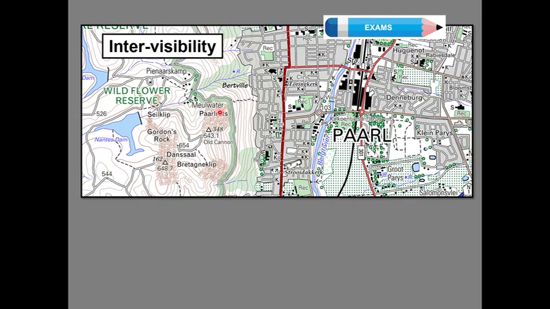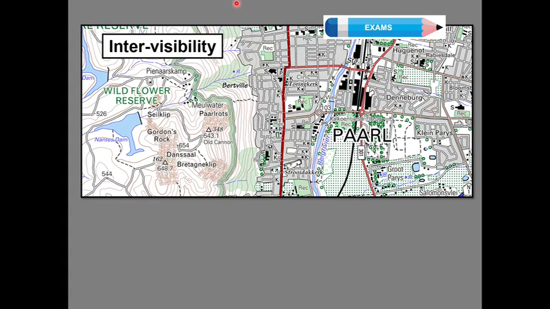As I've said, we've got Paarl Rock here, and sometimes it can cut off your line of vision. The question that we would like to ask: here we've got a school, and here we've got Paarl Rock. Is Paarl Rock visible from the school?